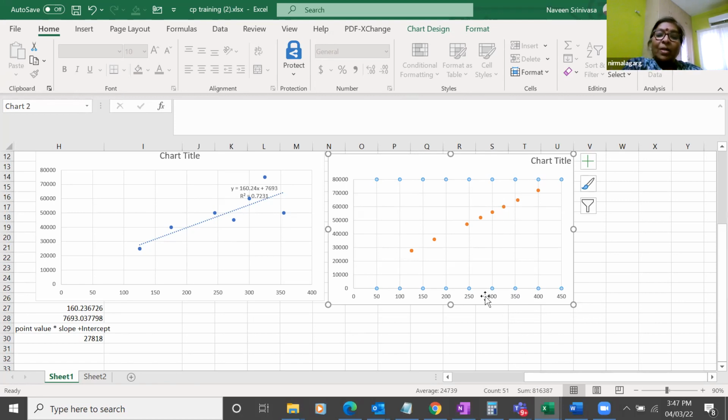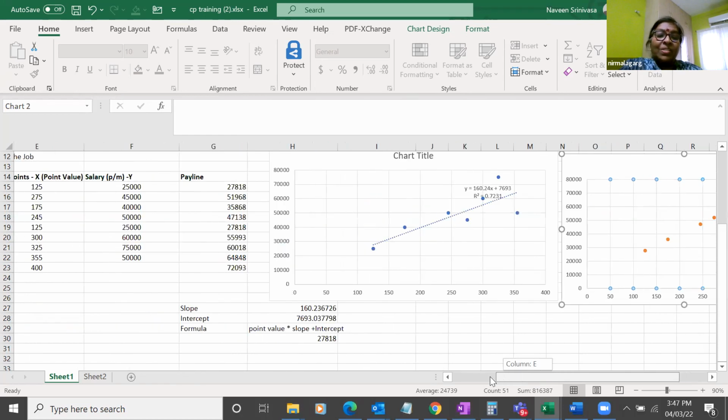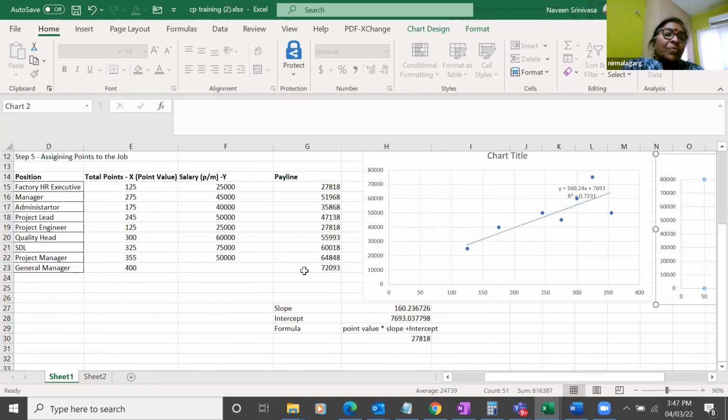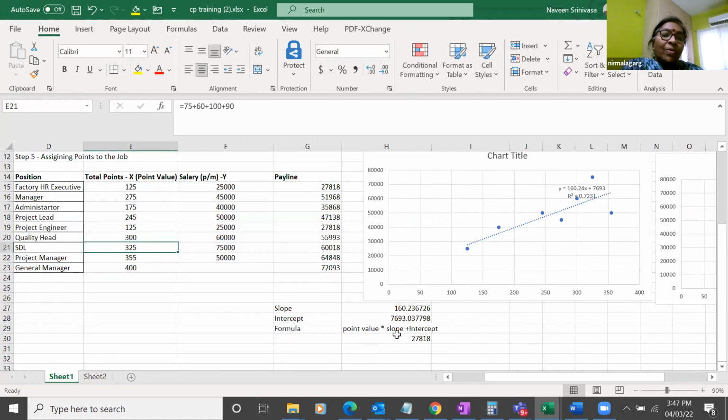Just go back to that. So this is your pay line. That means here, one second, 325 is 75. Now what you do, 300 is 60, 355 is, let me just see, one second. 350 is 75.